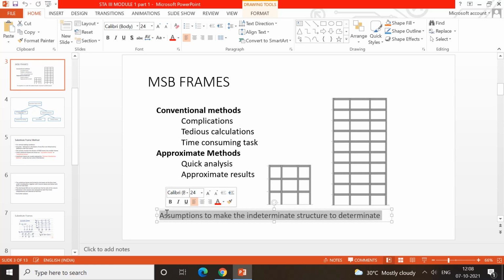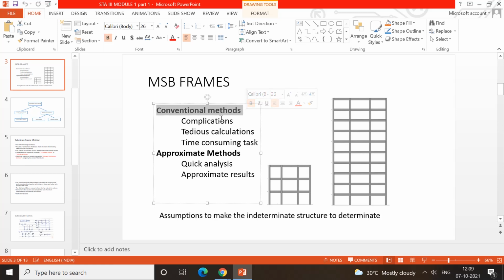So we'll be making the indeterminate multi-story building frames into determinate structures and analyzing them, since determinate structures can be easily analyzed. Conventional methods are tedious and time consuming. Nowadays we never go for this approximate analysis because we use software for finding the dimensions and everything.